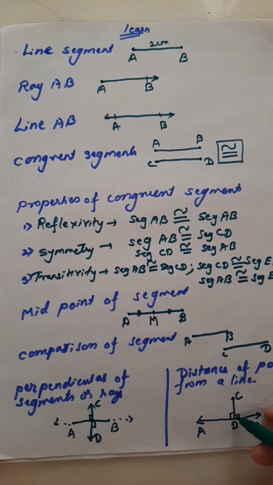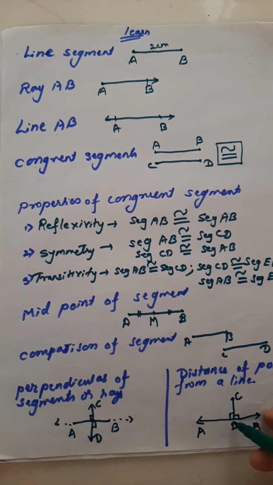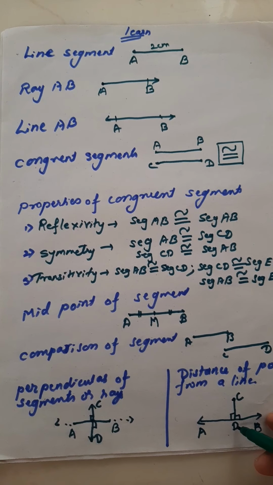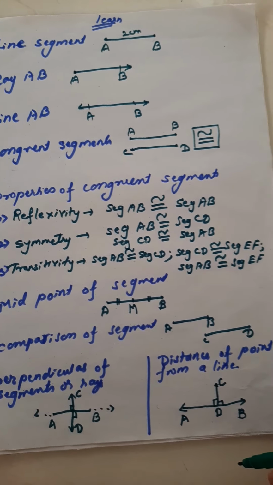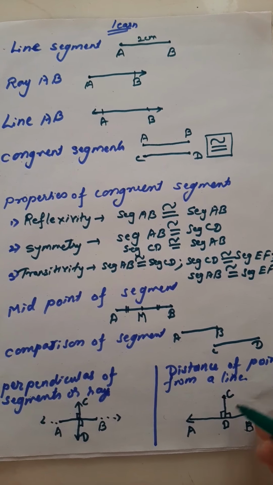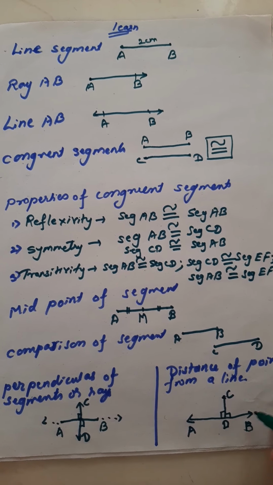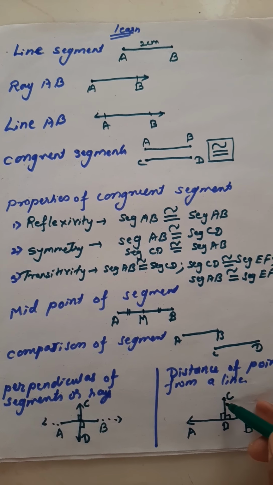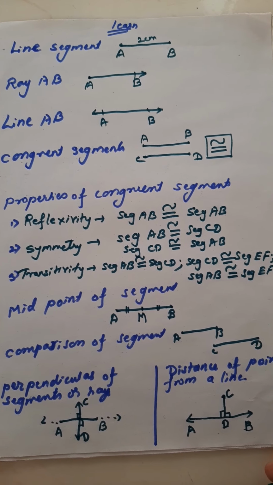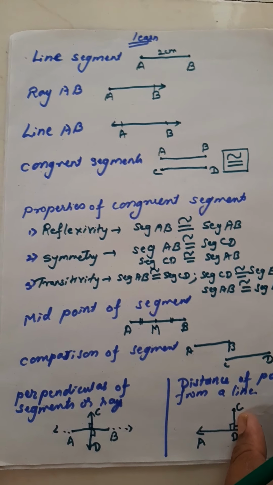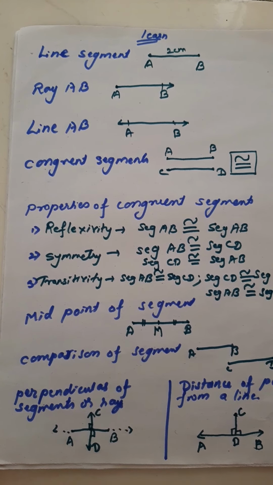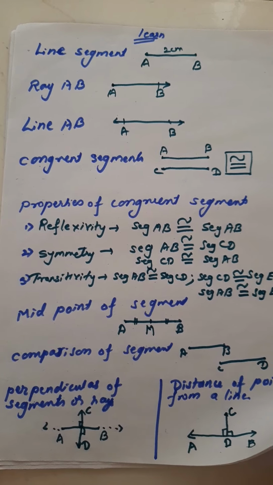First we will find how much centimeter from point D we can find out. Okay, this is called the distance of the point from the line. What line? Line AB. We can easily measure the distance CD. These are the few concepts which we have learned. Okay, next I will explain you what we have to learn.